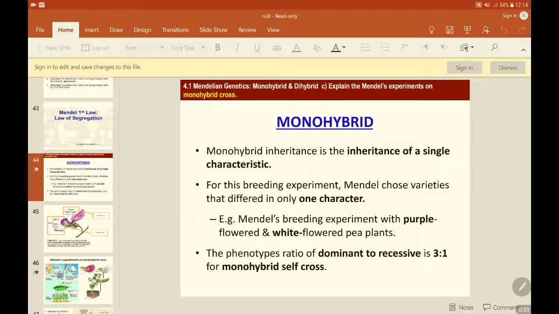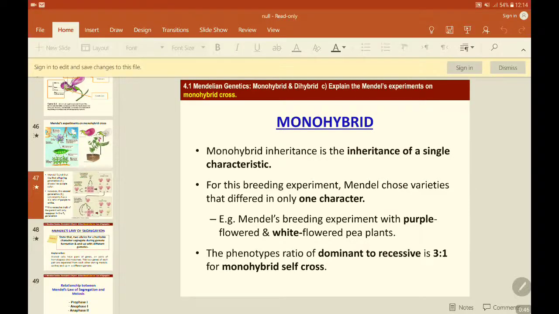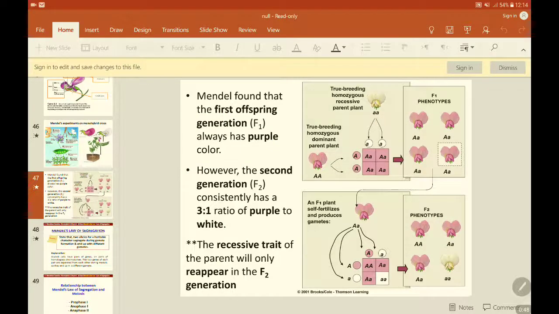For example, color. The color of the flower is only one characteristic. The height of the plant, tall or short, okay, only one characteristic. So Mendel did the experiment for the cross between purple flower and white flower, and he found that all the first generation appeared as purple color.